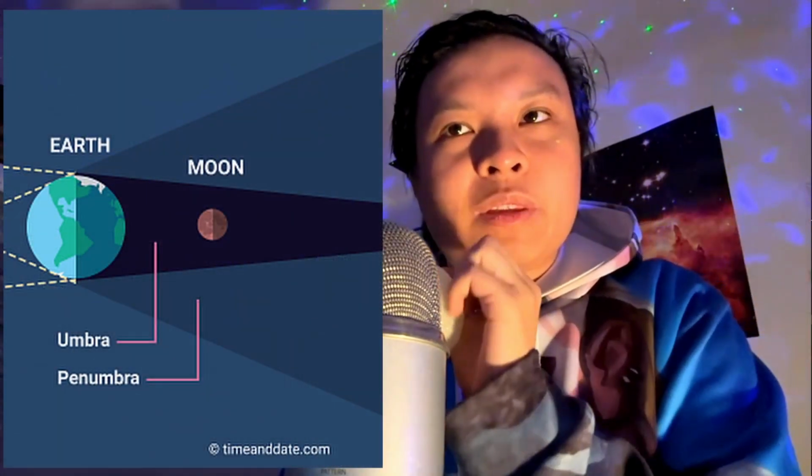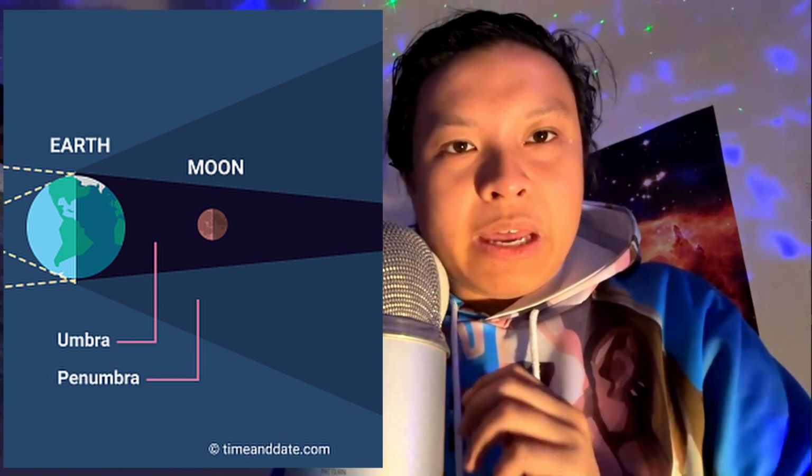Like solar eclipses, there are 3 types of lunar eclipses. Before I explain the 3 types of lunar eclipses, I'm going to explain how Earth casts shadows. The Earth has 2 types of shadows, the umbra and the penumbra.